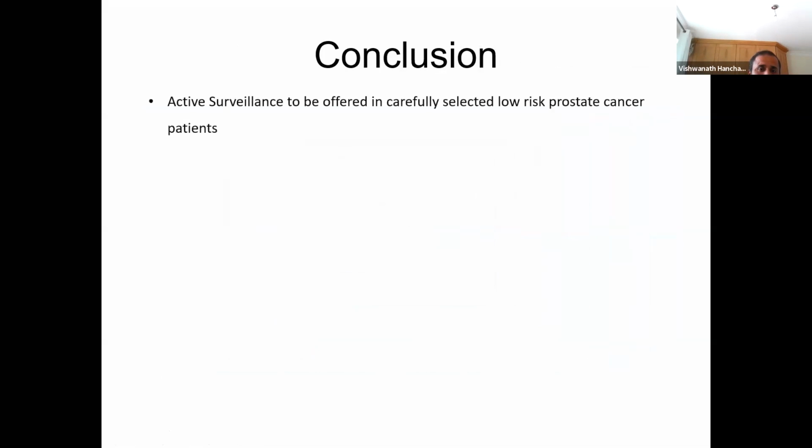In conclusion, I think active surveillance should be offered in carefully selected low risk or favorable risk prostate cancers. To avoid failure, I think it is important that we carefully select and stratify them and use the various armamentarium available, from biopsy technique, the grade of the cancer, the MRI images, and all the other parameters.